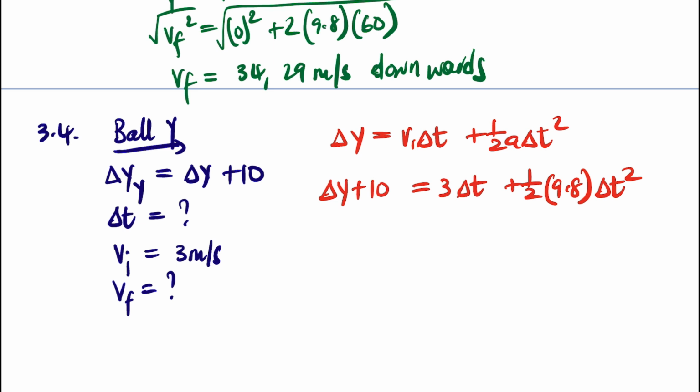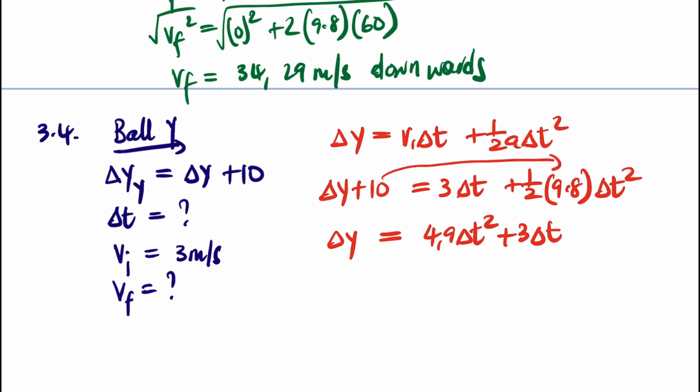I'm going to leave the y here since I'm going to use the simultaneous equation. So I'll have 4.9 change in t squared, plus 3 change in t, and then minus this 10. I'm going to transpose it to this side. It's going to be minus 10. This will be my equation 1. I hope that makes sense.